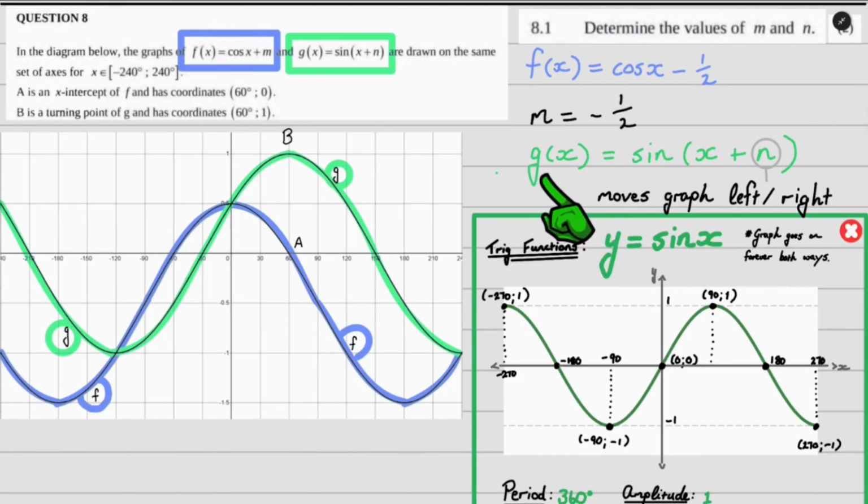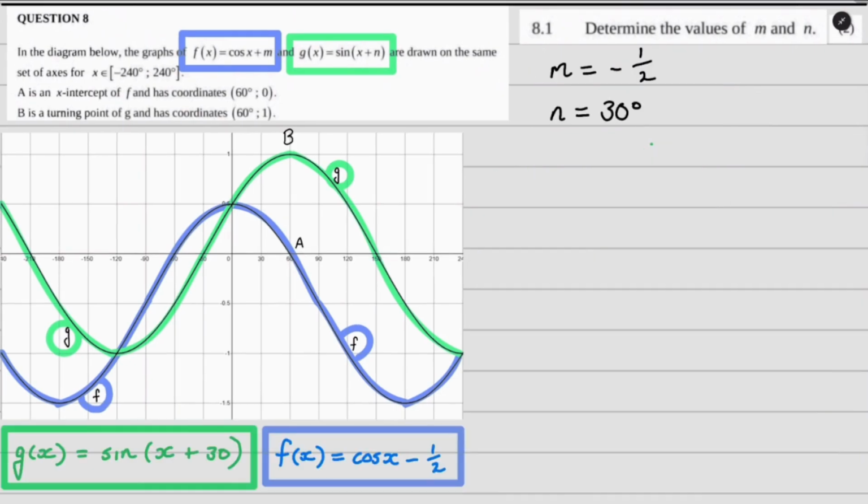And if we look at the equation of that graph, if you're adding something to the angle, if it's inside the brackets, that moves the graph left or right. So we established that this graph moved left 30 units, so it's got to be plus 30 over here. So if you're moving left, it's plus, and if you're moving right, it's minus.